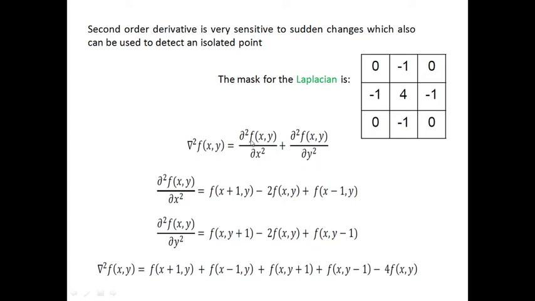Dou square f by dou x square can be represented in a finite discrete equation in this manner. Similarly, dou square f by dou y square can also be represented in a discrete equation in this manner. So how these two equations are obtained, let us discuss now.